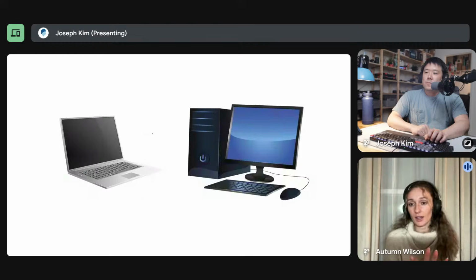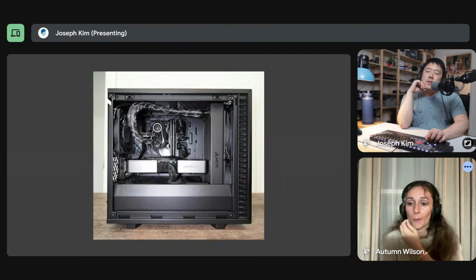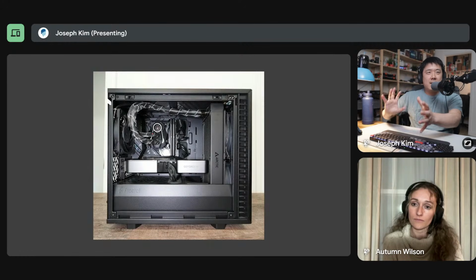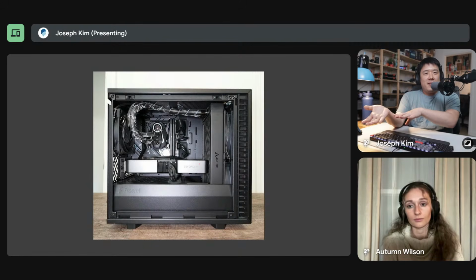So does Mac not have that computer base that you just showed us of yours? They used to, and even the Mac Pro has a desktop-like chassis as well. But the problem is the repairability. Their parts are not off-the-shelf parts, so things don't fit together.